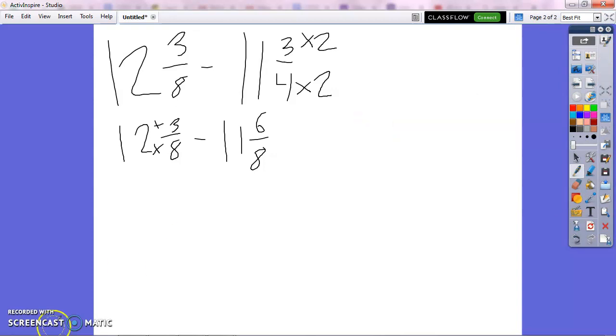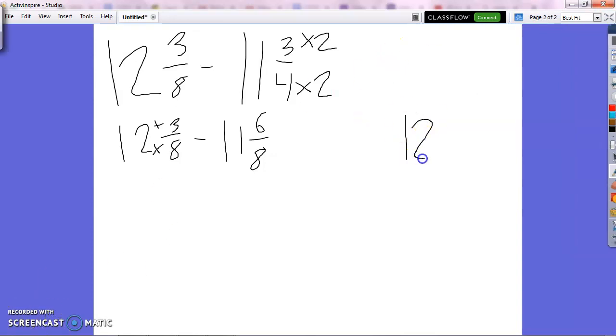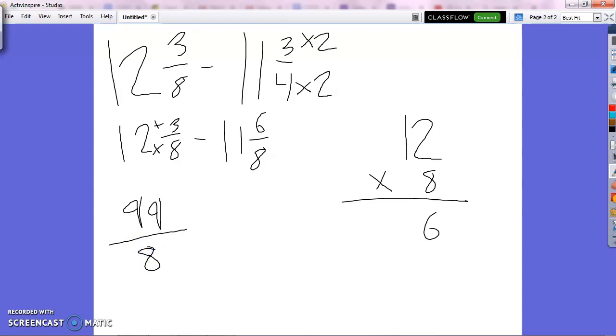Oh my goodness. Let's do it like this. 12 times 8. See, even I need to review it sometimes. 96. Okay. My goodness, that's embarrassing. 96 plus 3 is 99, so I added the 3 right there. And then 11 times 8 is 88 plus 6 is 94.